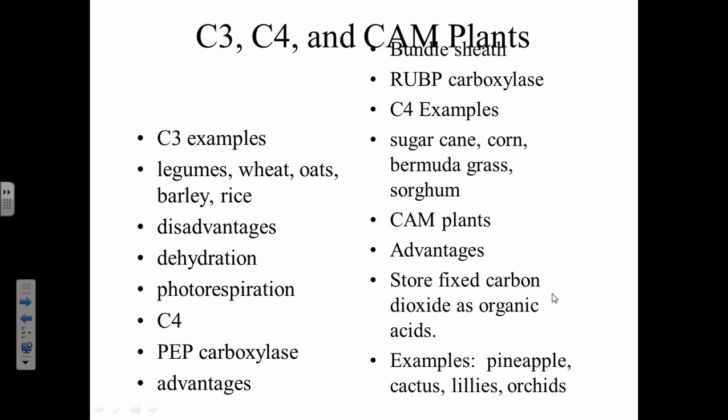C4 plants are things like sugarcane, corn, Bermuda grass, which a lot of you probably have in your yard, sorghum, which is the stuff we use to make molasses out of. They're a little bit better adapted at dry things. And one of the reasons they're better adapted is they have an additional enzyme. It's called PEP carboxylase.